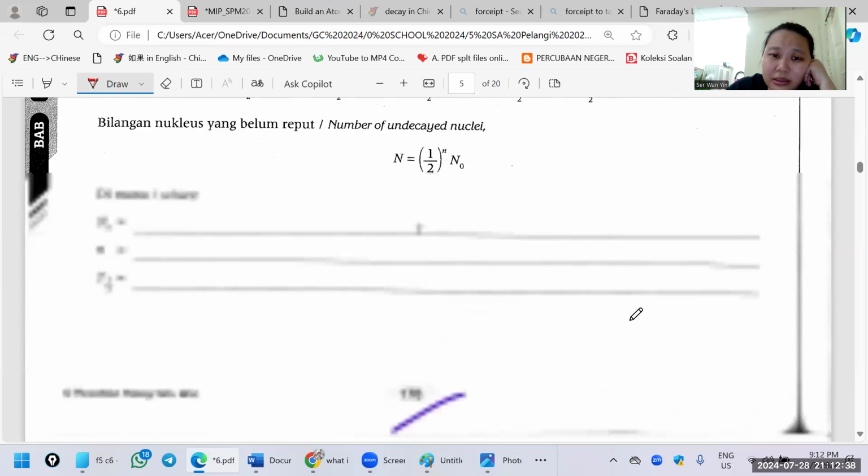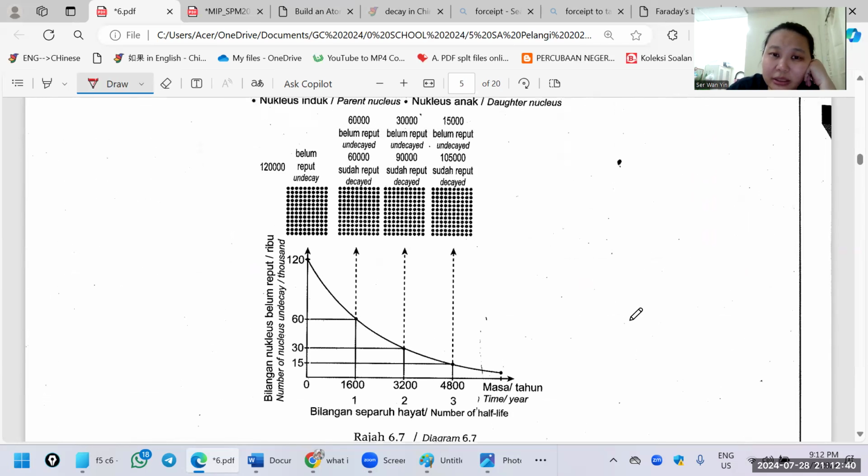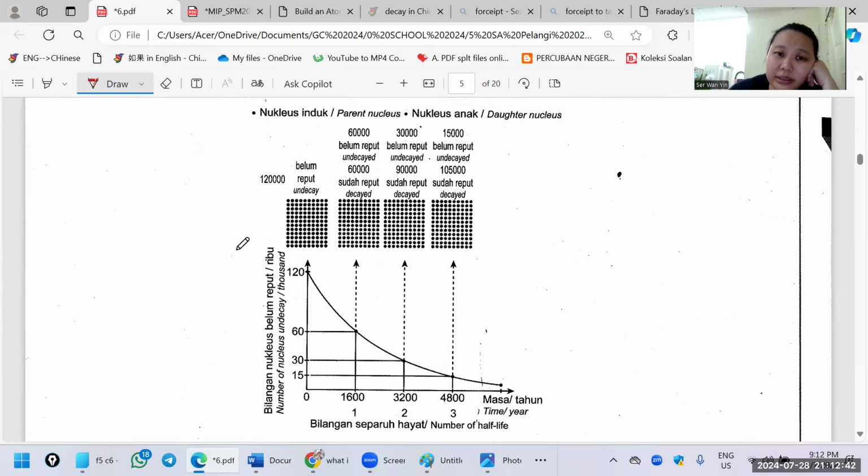So this page 178, you can see here. For example, in the beginning, you must be careful. Here is 120. I will always look back to the unit. But this is not the unit, they said 1,000. Means actually 120,000 originally.